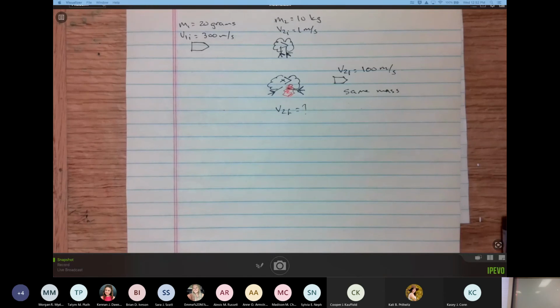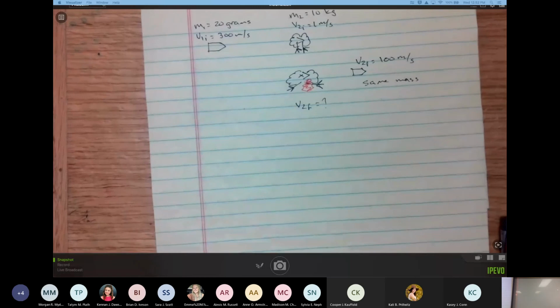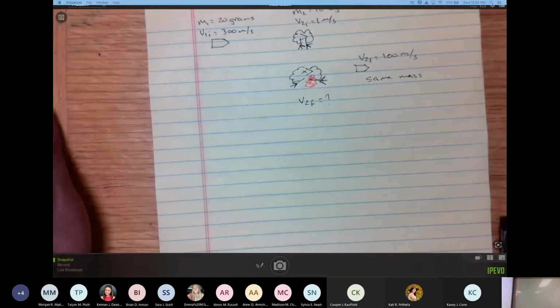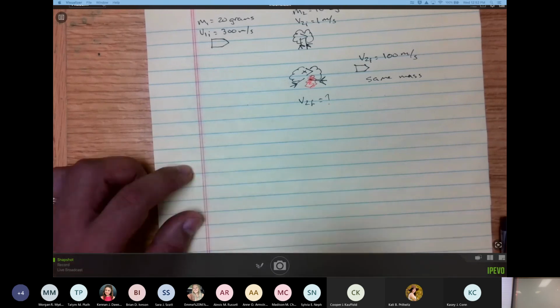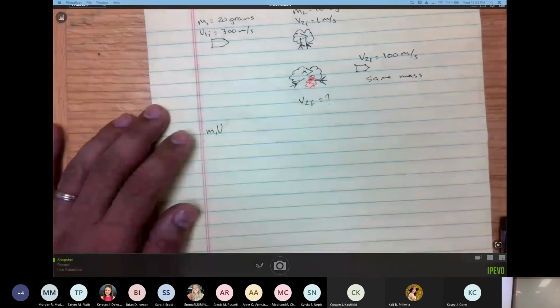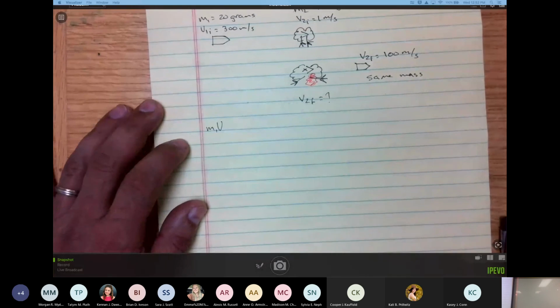Okay, so in this case, again, we cannot simplify many of the terms. All objects are going to have initial and final momentum. So one of the things you have to be careful with on these kinds of problems is to keep track of what the initial and final velocities are, and what your masses are.